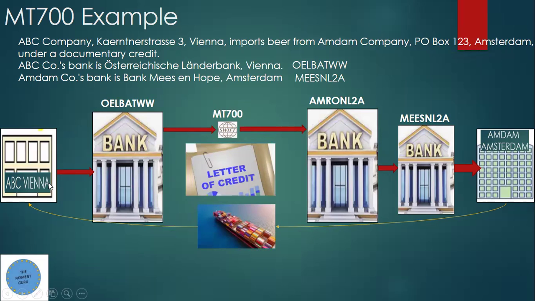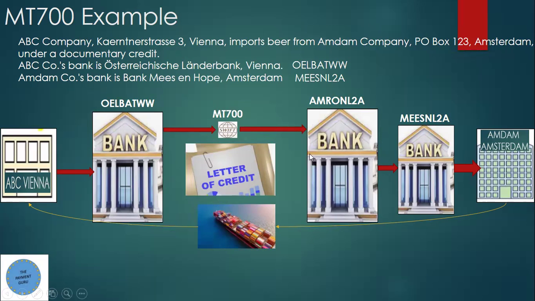ABC Vienna company's account-holding institution is OELBATWW, which is in Vienna, nothing but the Ostrich Landmark Vienna bank.